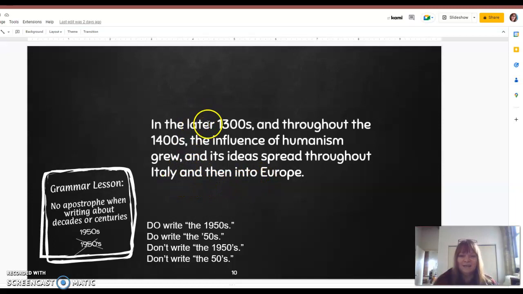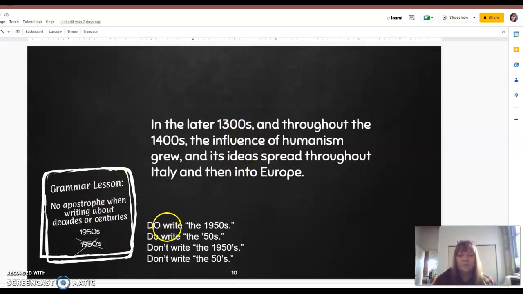I see a lot of people make this mistake, adults as well as kids, but when you are referring to a decade or a century or centuries, no apostrophe. So 1300s, no apostrophe between the 0 and the S, and same with 1400s, right?